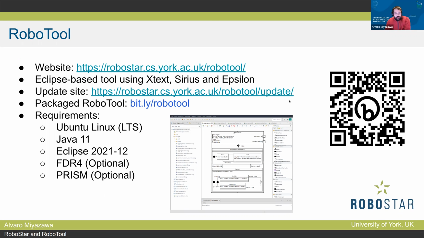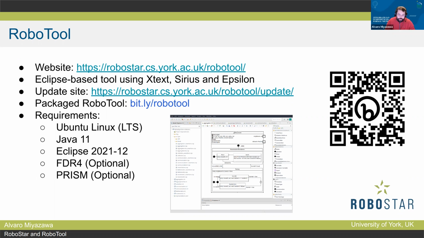But we have very strict requirements for RoboTool right now. So we're asking people to use Ubuntu, Java 11, Eclipse 2021-12, and FDR4 and Prism. The main reason for this restriction is that we're supporting use of RoboTool on these platforms, and we don't really have the resources to support all of the other platforms.